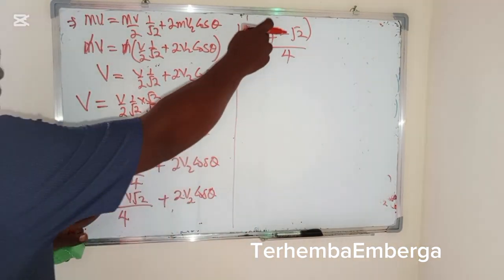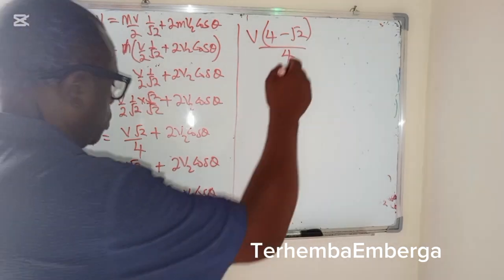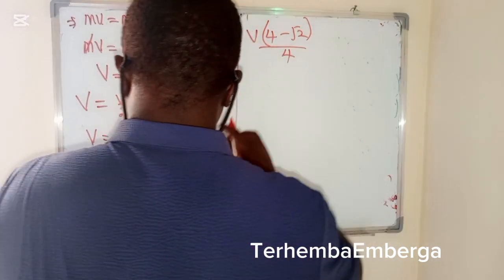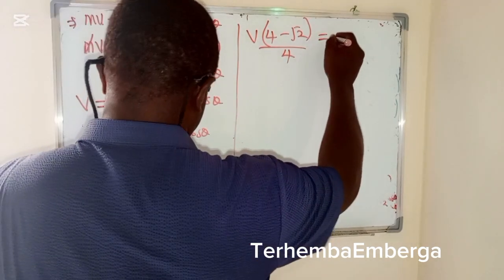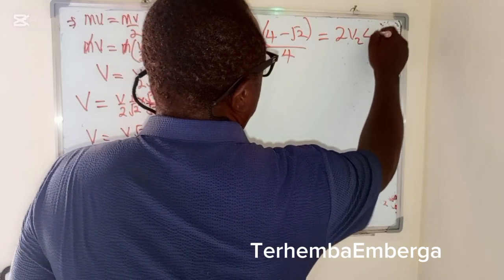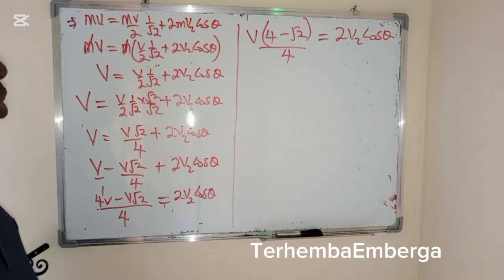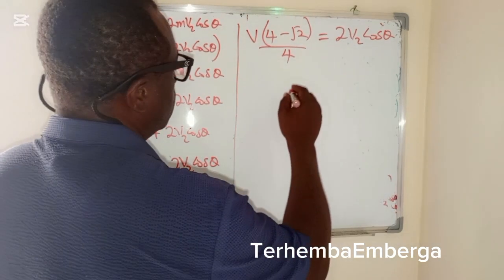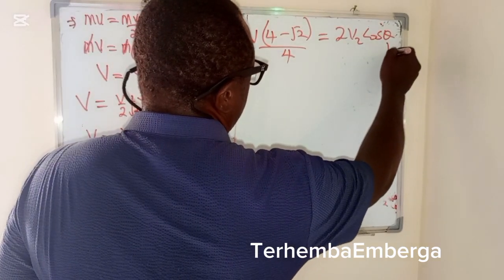Remember, this is equal to 2 v2 cos theta. We can write this as equation 1.